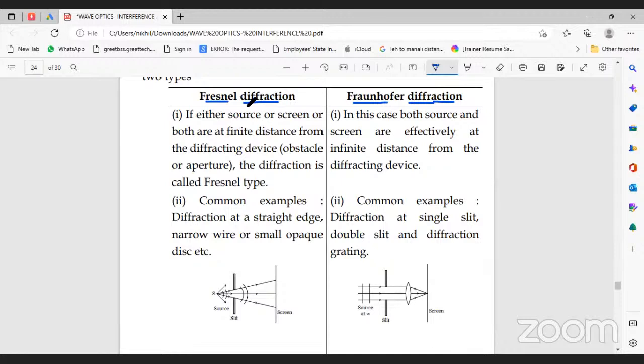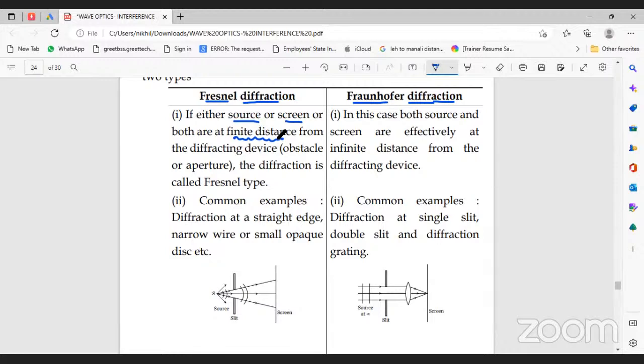In the case of the Fresnel diffraction, the source and the screen are placed at a finite distance. We can measure the distance between the source and the screen.